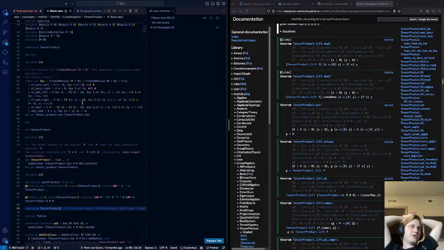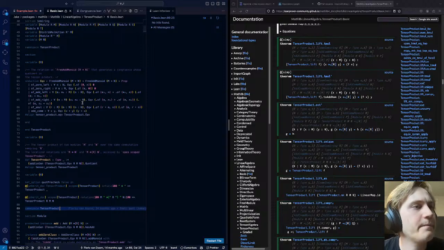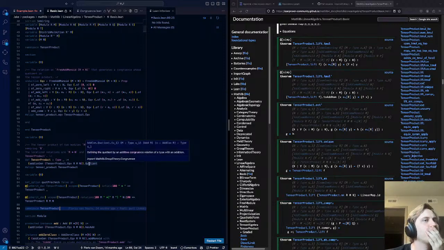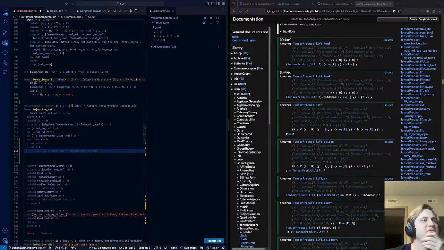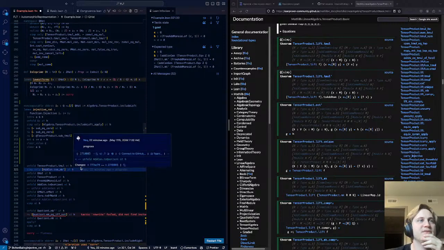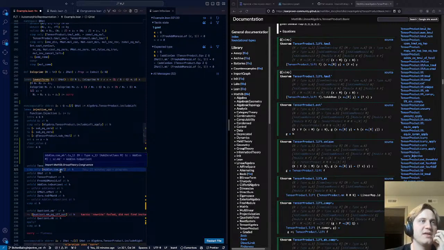Linear algebra tensor product. All right, how can I get out of this? I think I was exploring this before. I was doing a bunch of simplifications.